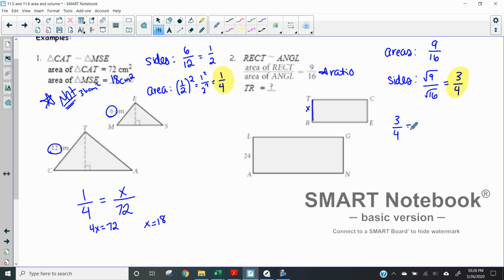So 3 over 4 equals, smaller one on top, x over 24. We end up getting 18 for that one also, actually. We'll just call it centimeters. Okay, so just make sure you have the correct ratio before you start.